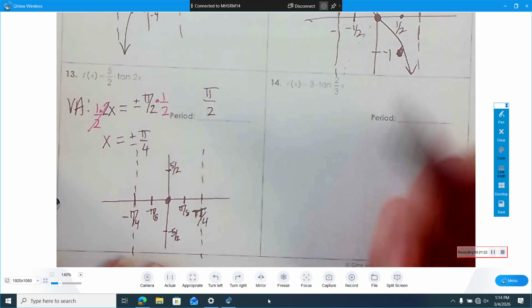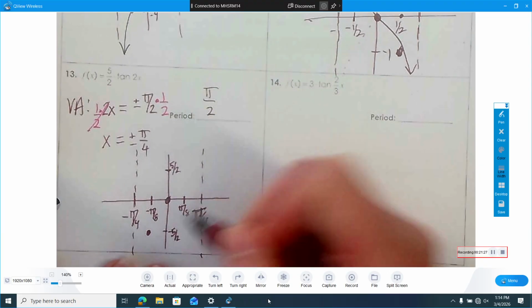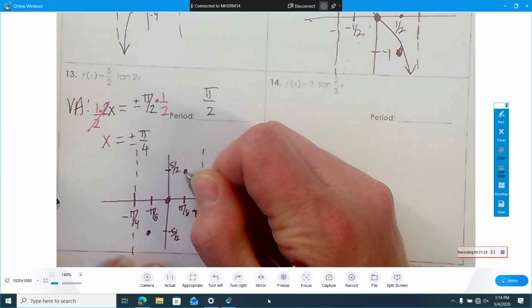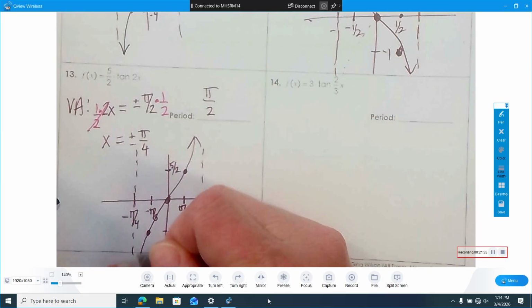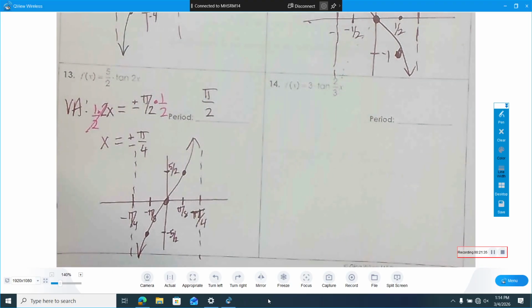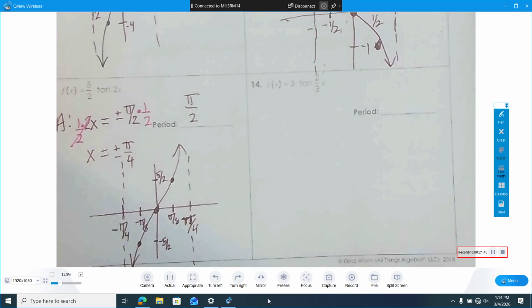All right, and again, tangent goes toes to nose. So I've got my low point at negative pi over 8 and negative 5 over 2, and nose, my high point, at pi over 8. And it just keeps repeating. Yeah? Are you okay with that? Yeah? You good? That's how we're doing today.